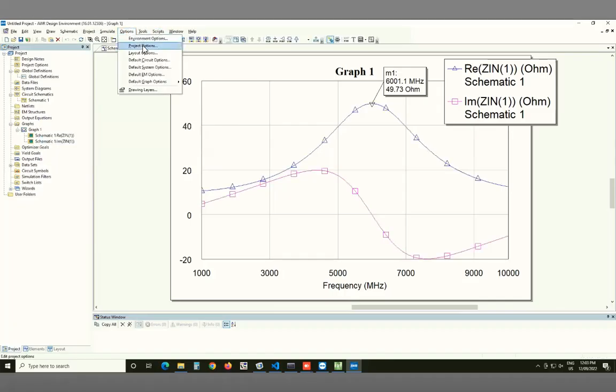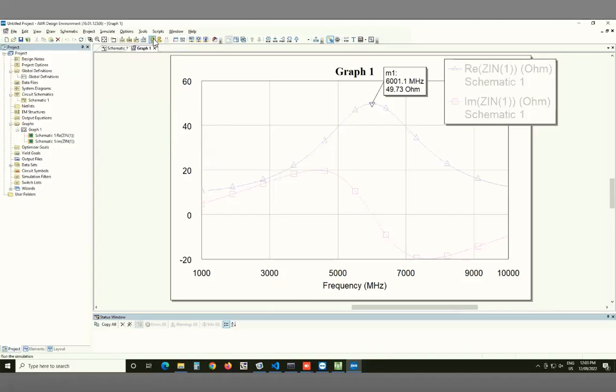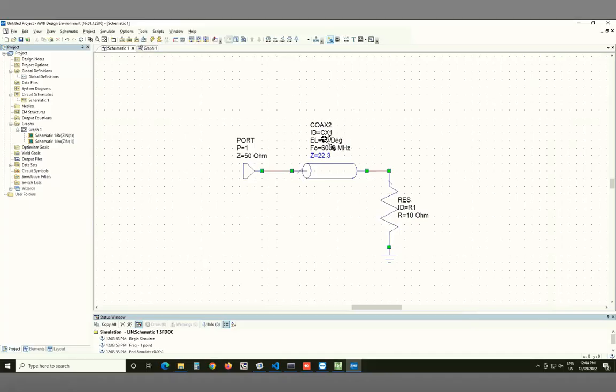Let's do it as a suspense. I'm going to just give 1.6 gigahertz. So you can see that there are those points there now. It's only solving for 6 gigahertz. I'm going to change the transformer now to 3 lambda by 4.